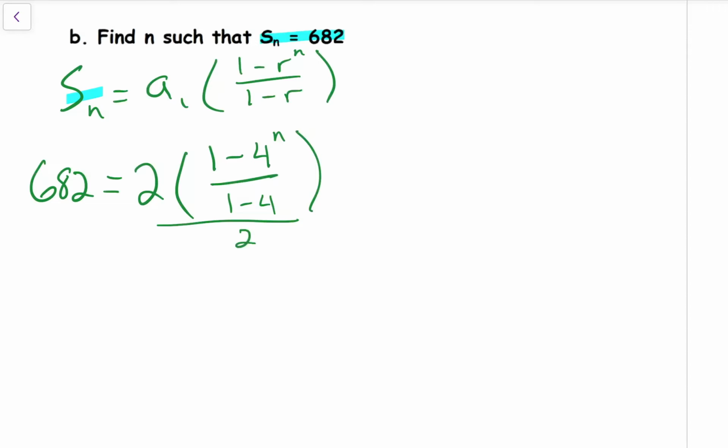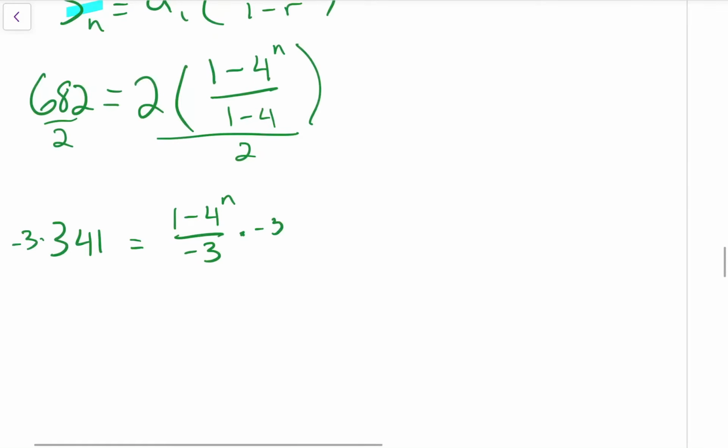So what I'm going to do first is take care of that 2, divide both sides by 2. So I'll get 341 is equal to 1 minus 4 to the n divided by -3. So then multiply by -3, multiply by -3.